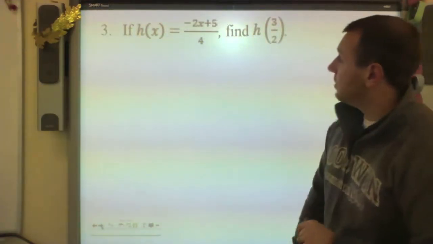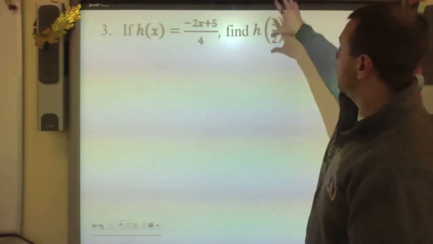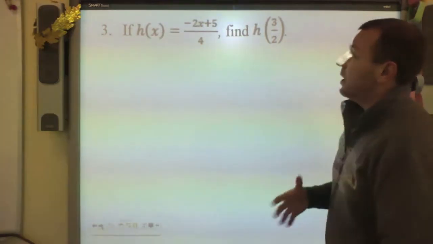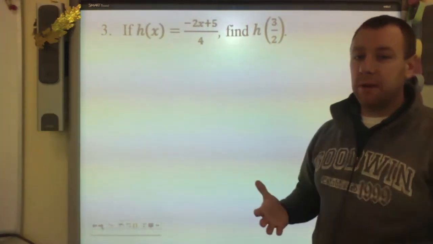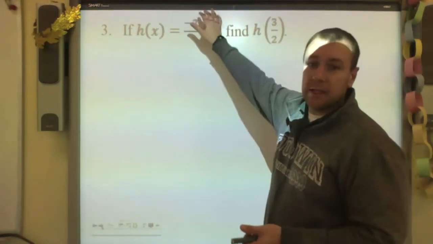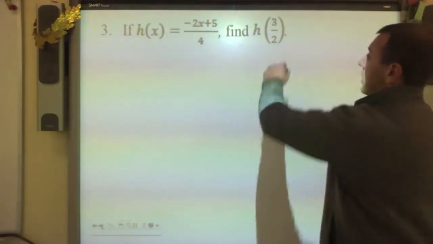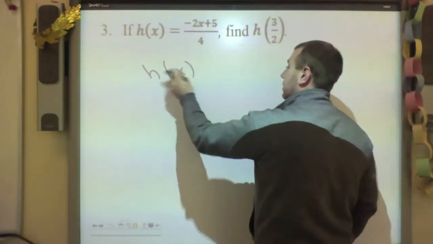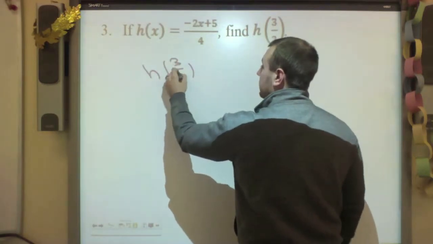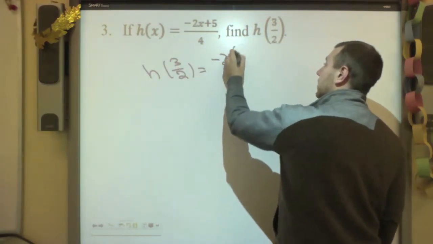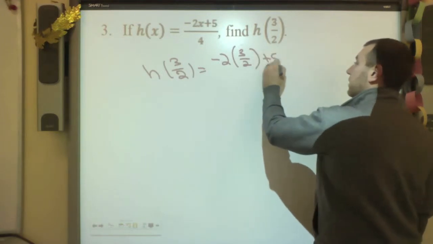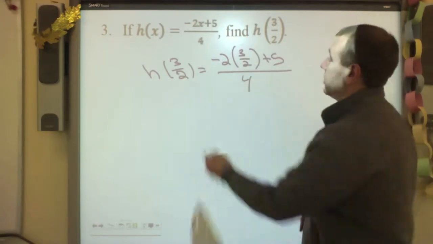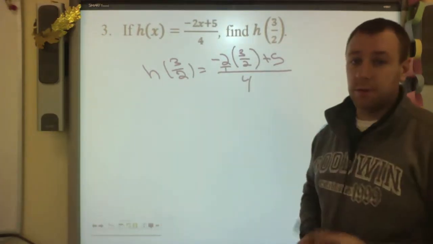Now another thing you might get tripped up on is a fraction and then plugging into another fraction. I have to remember PEMDAS, and whenever I'm dealing with fractions, remember I do everything on the top and then I divide by the bottom. So I'm going to take this 3 over 2 and plug it back in. h of 3 halves equals -2 times 3 halves plus 5, all over 4. Now what I do is I make both of these fractions, so that's -2 over 1.